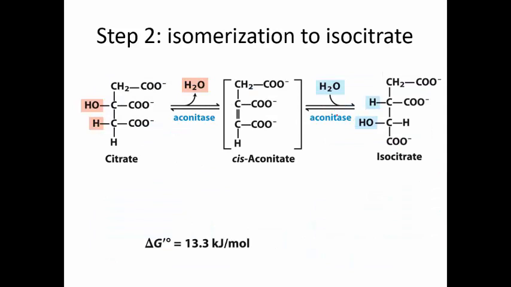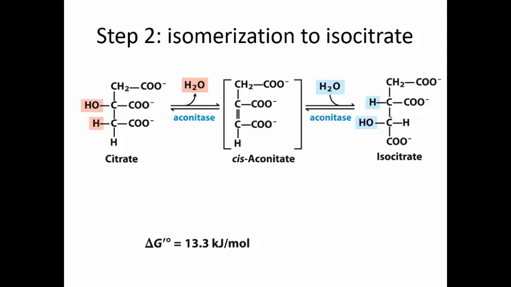The next step is isomerization to isocitrate. So the difference here is that citrate has basically three carbons, and then each carbon has a carboxylic acid coming off of it, and the middle carbon has an alcohol. Isocitrate, the alcohol is on what we could call the second carbon.